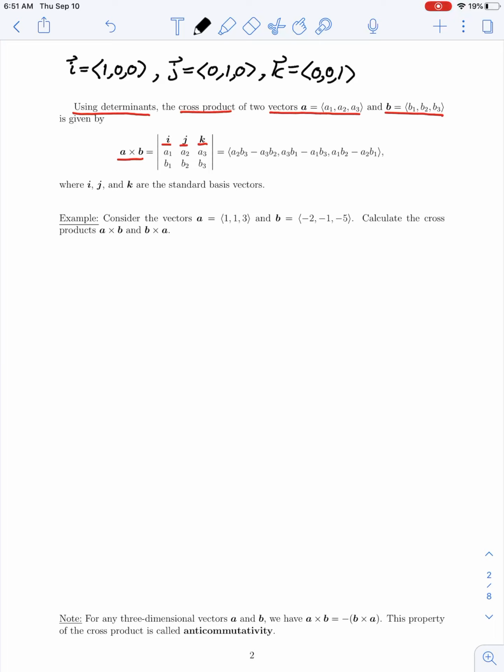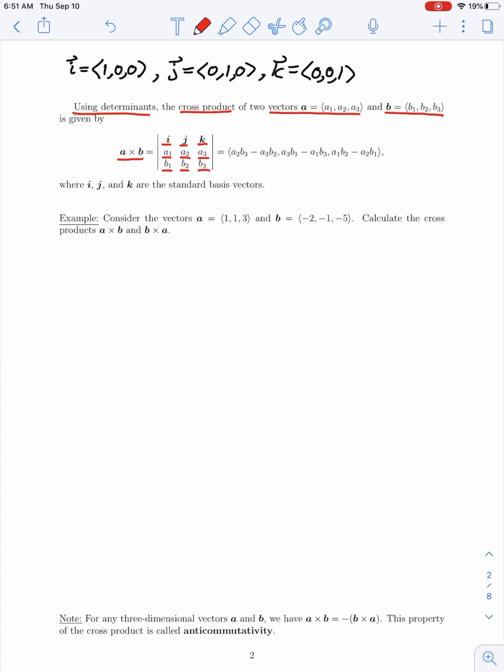So our first row of this matrix will be those 3 vectors. The second row of our matrix will be the components of the first vector in our cross product. Those are the components of A, which were A1, A2, A3. And our third row will be the components of the vector B, which were B1, B2, B3.